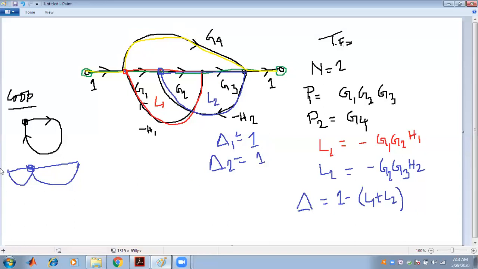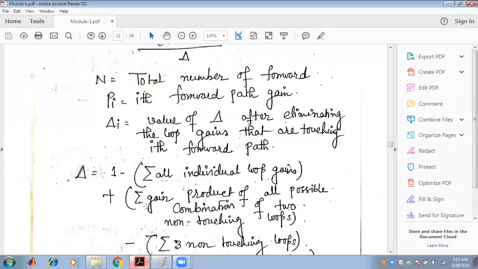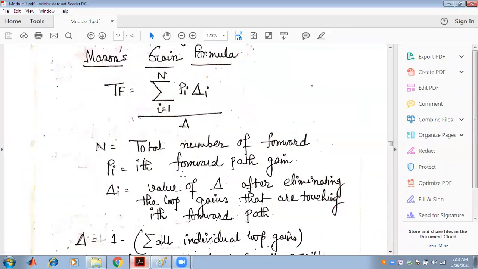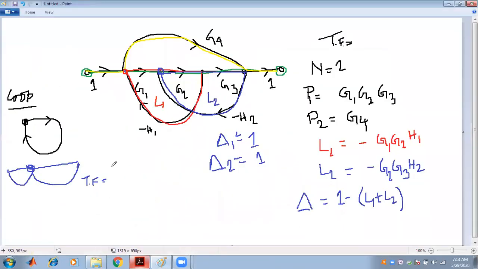So what is the transfer function? The transfer function can be found with the help of summation over i equal to 1 to n. There are two forward paths, so i equals 1 to 2, that's p1 del 1 plus p2 del 2.